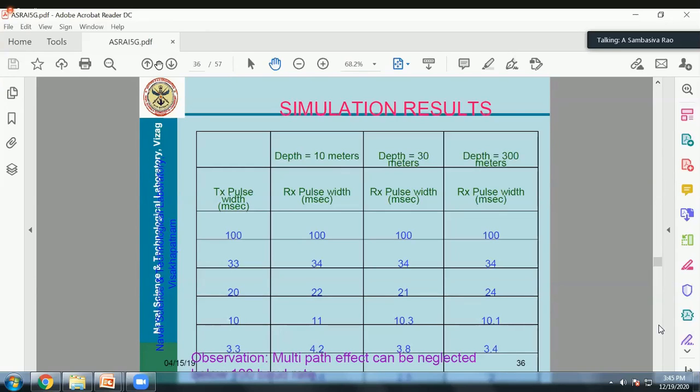For different depths and different geometry parameters, if I change my pulse width, what is the propagation effect? That is what I studied. My transmit pulse width of 3.3, I have 4.2 milliseconds, 3.8 milliseconds.